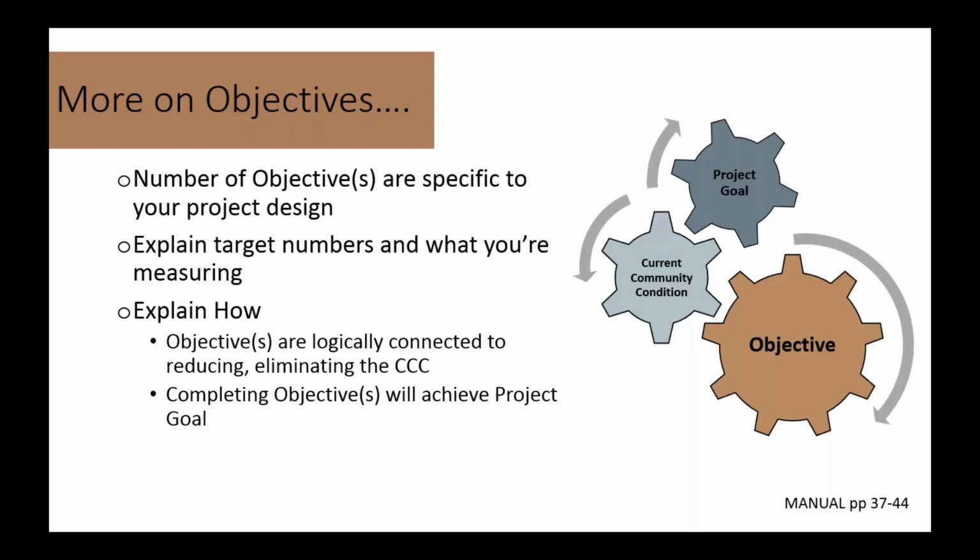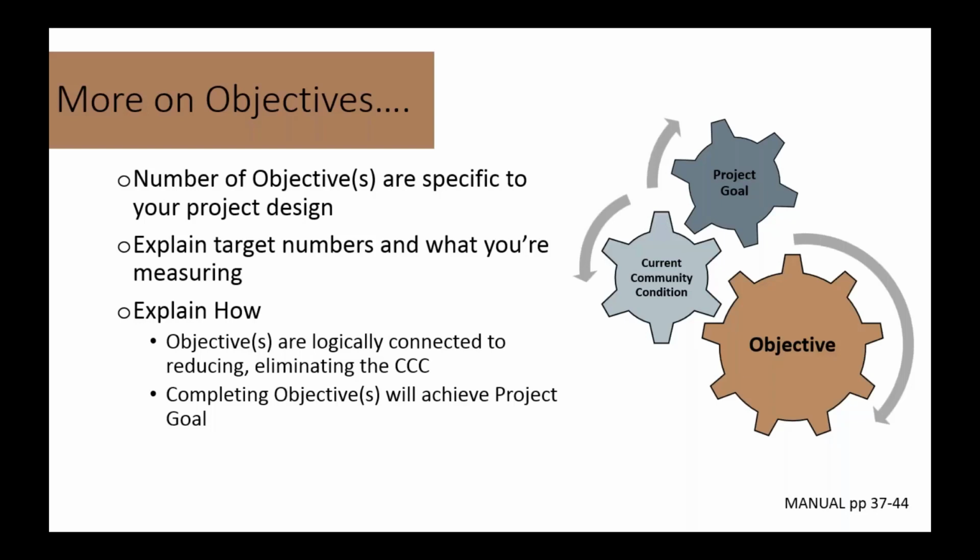Okay, so you're going to have to explain how your objectives are logically connected to reducing and eliminating the current community condition, and explain how completing the objectives will achieve the project goal. This is very important because as trainers, we often see people having as an objective, we're going to hire staff.